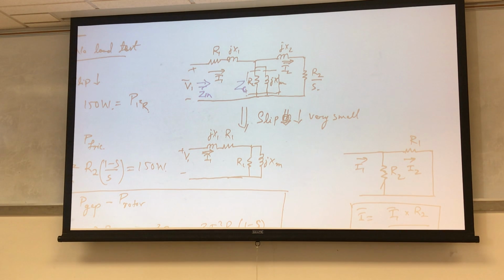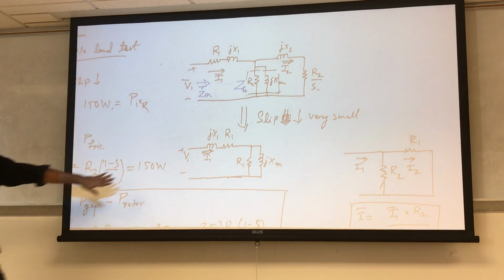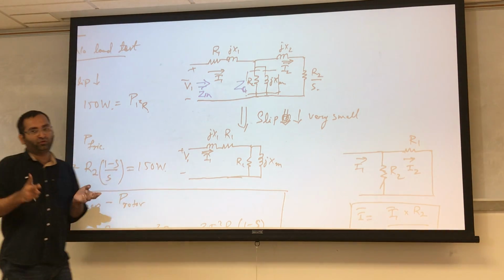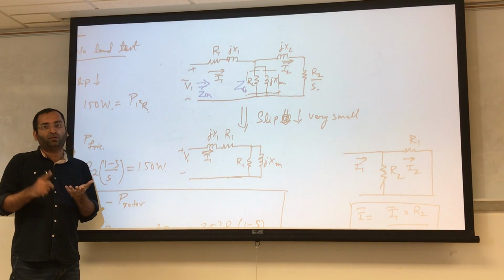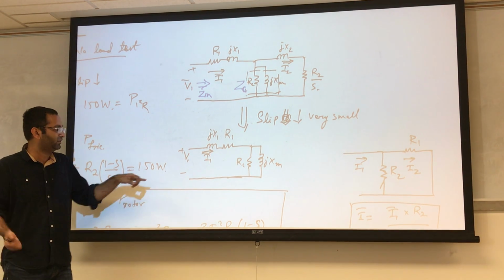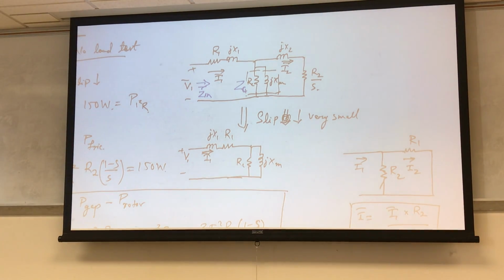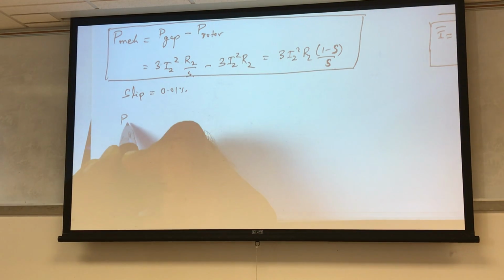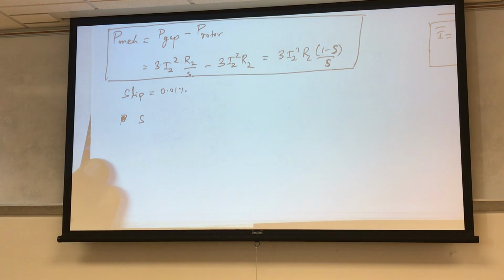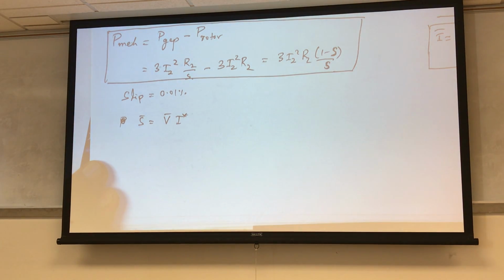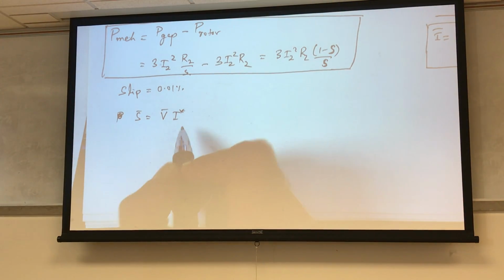And then the next question is asking you to find the input power. So what is the input power in this? How do you find it? It's simple, you have two formulas. One is power equals 3 V I cos phi, like 3 into V into I into power factor. Or the other one you can use is S, which is apparent power, equals V times I conjugate.